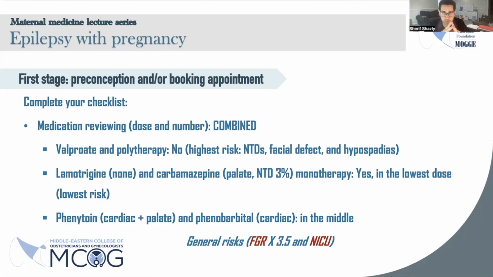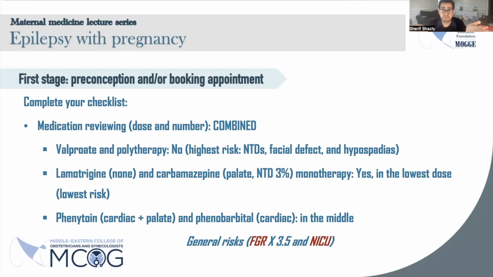It's important to know that with these medications, there are 2 common risks that we always mention. The risk of fetal growth restriction, which increases like 3.5 times the baseline, and the risk of neonatal ICU admission. So what we make of this information is we know that if she's on medication, the baby's at higher risk of fetal growth restriction, which means that the baby needs serial growth scans to be planned later in pregnancy.